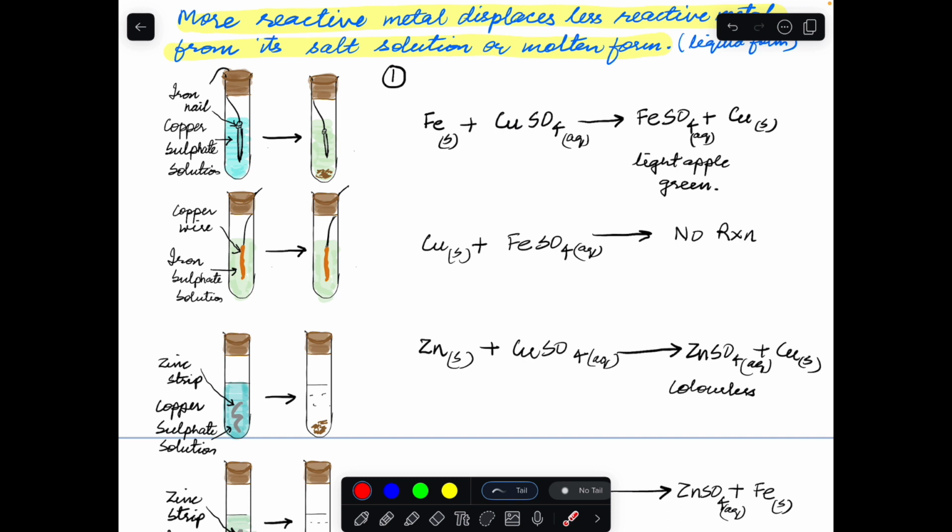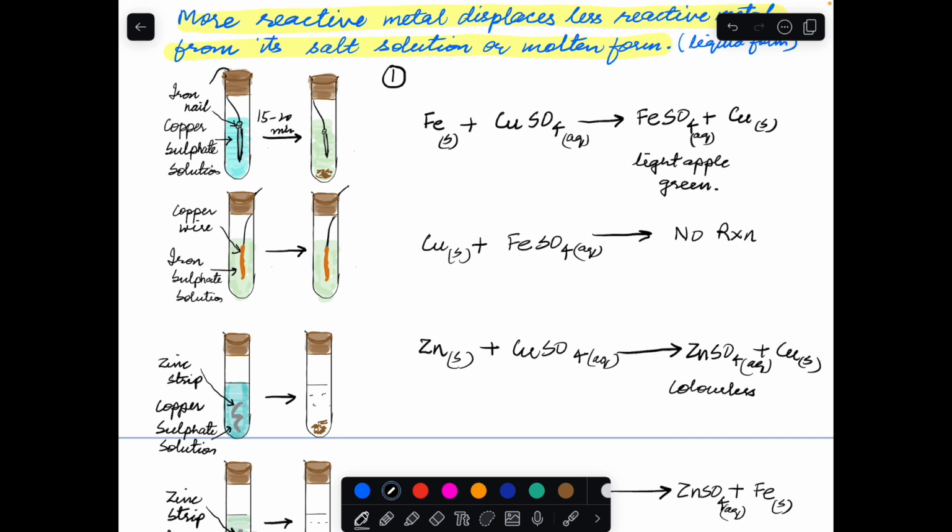The first one: iron when treated with copper sulfate solution. Here in this test tube, we have taken an iron nail and we have taken copper sulfate solution, which is aqua blue in color, and this assembly we leave for suppose 15 to 20 minutes. We will keep it untouched for 15 to 20 minutes.